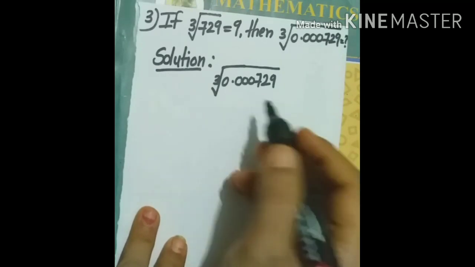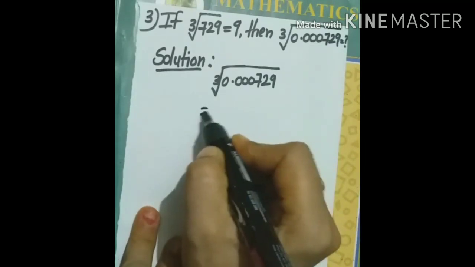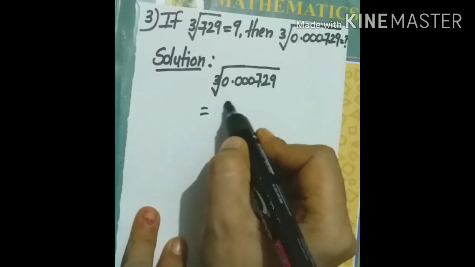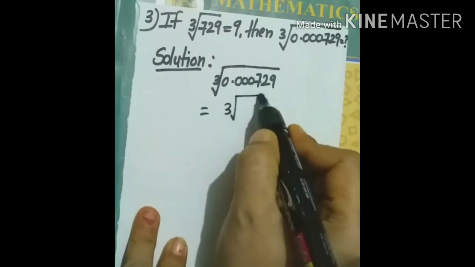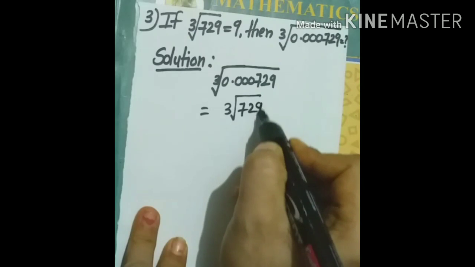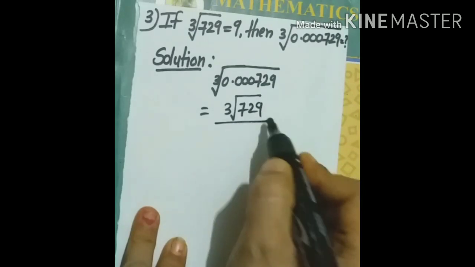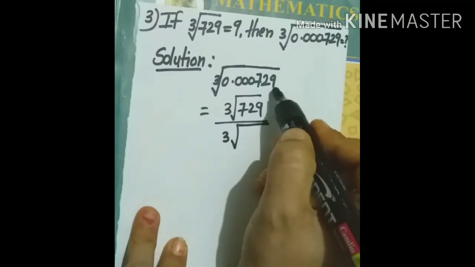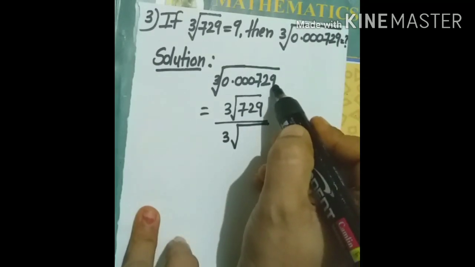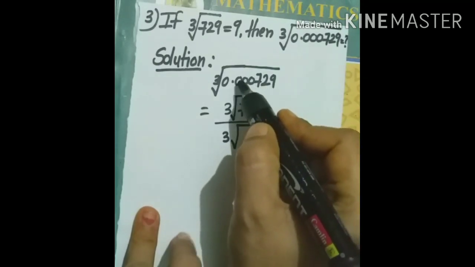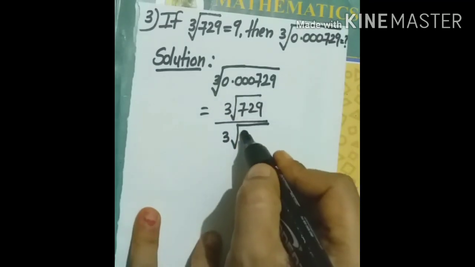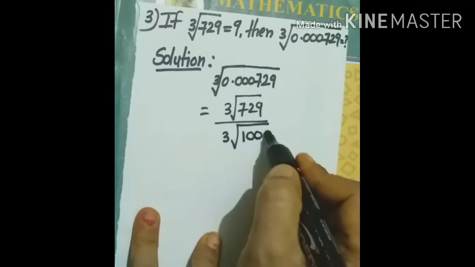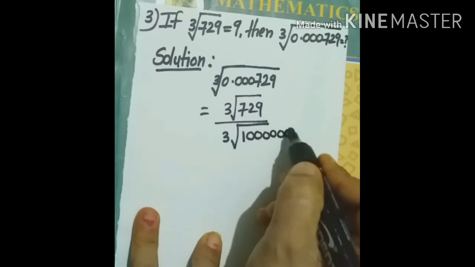Now equal to, what are the numbers there? 729. So cube root of 729 upon cube root of, here children start from unit place. 1, 2, 3, 4, 5, 6. So take 1 and take down 6 zeros. 1, 2, 3, 4, 5, 6.